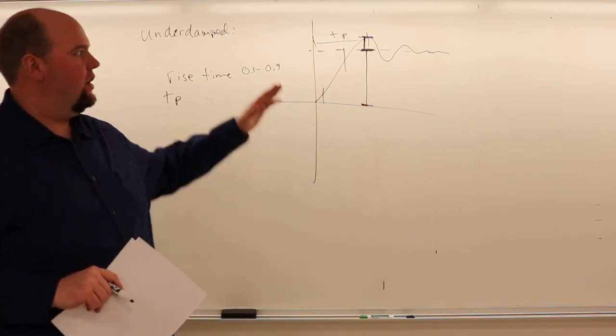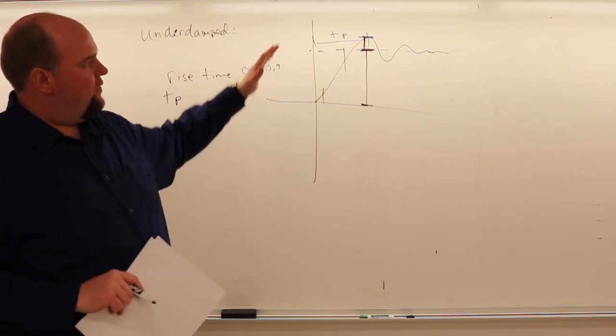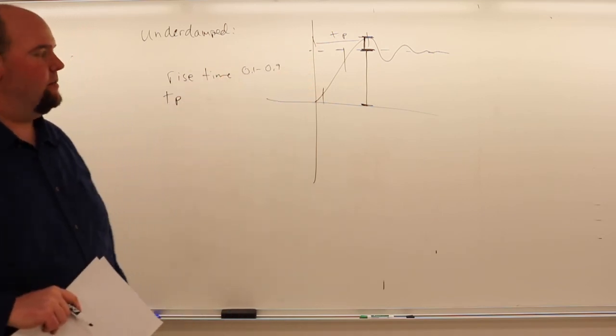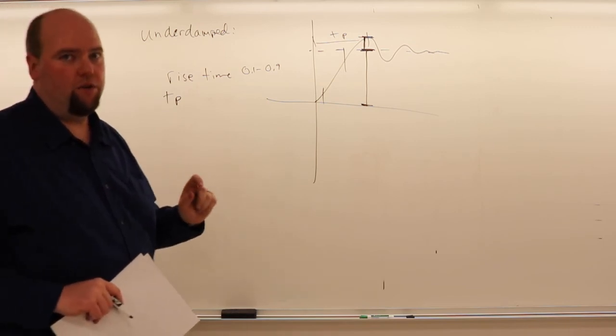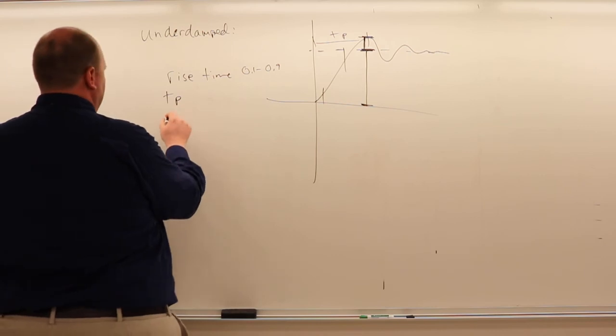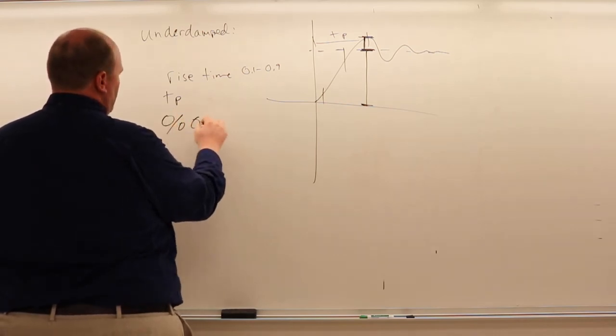When we overshoot our mark, which we always do in the case of an underdamped system, the question is how much do we overshoot it by? So that is percent overshoot.